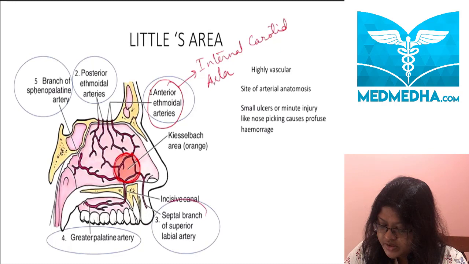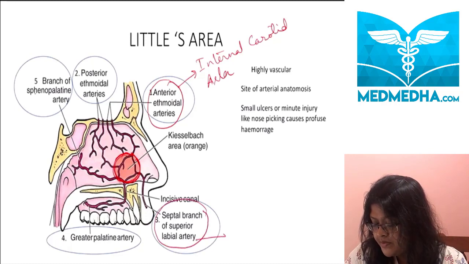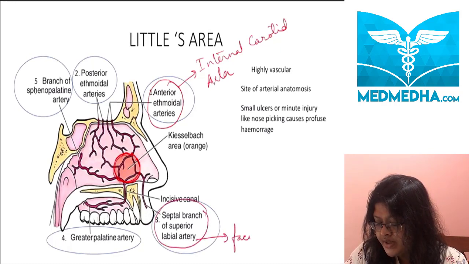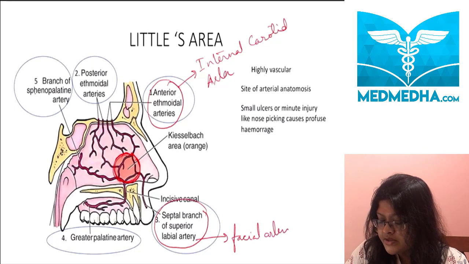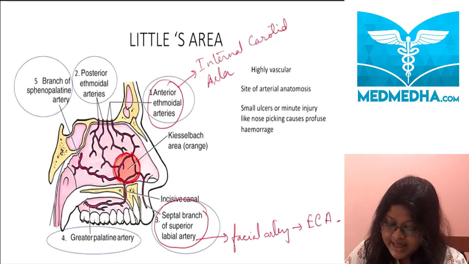Septal branch of the superior labial artery, branch of facial artery, branch of external carotid artery. Next, we have the posterior ethmoidal arteries, which is branch of internal carotid artery.